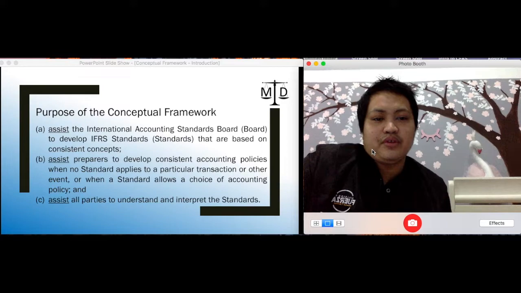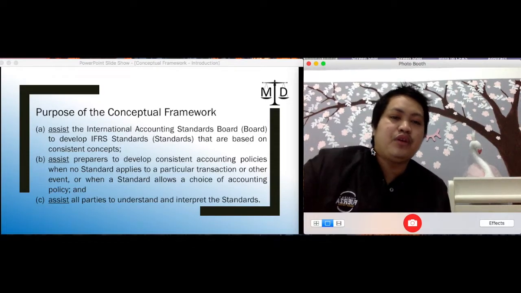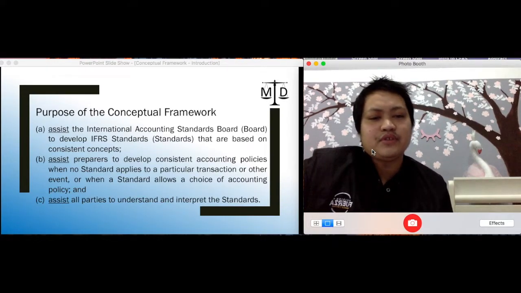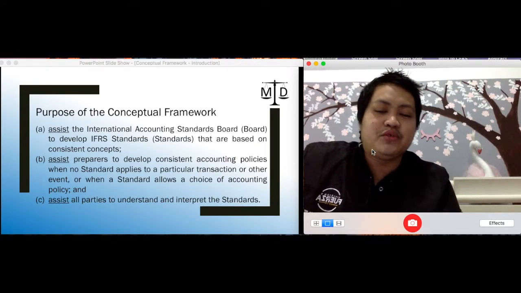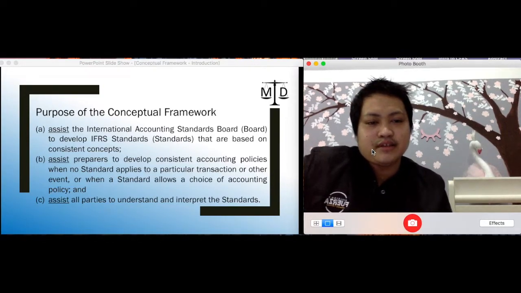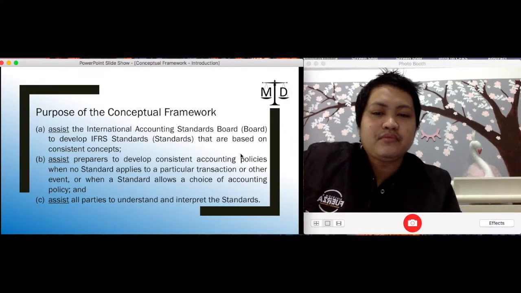So if you already know that the purpose of the framework is to simply assist these three groups of entities, then it should be very easy for you to identify that the erroneous choice is the fourth choice. Just remember that the purpose of the framework is to assist the IASB, assist the preparers of the financial statements, and assist the users of those financial statements.